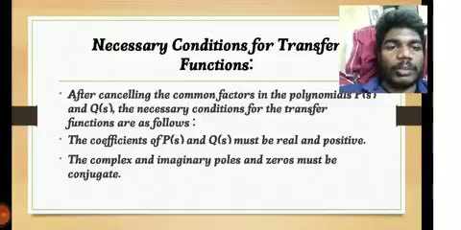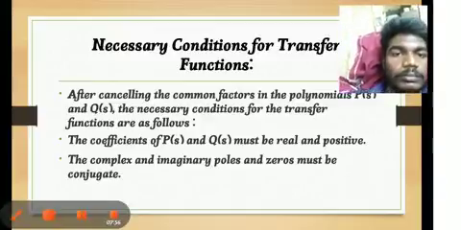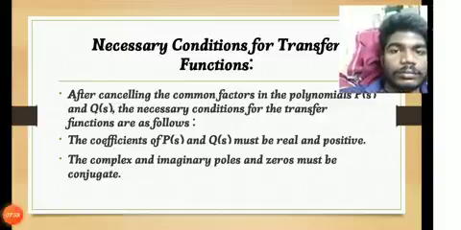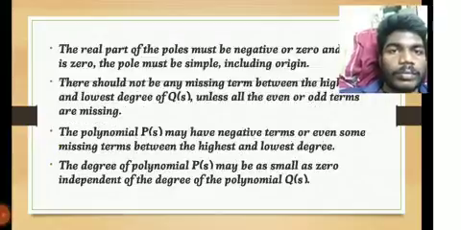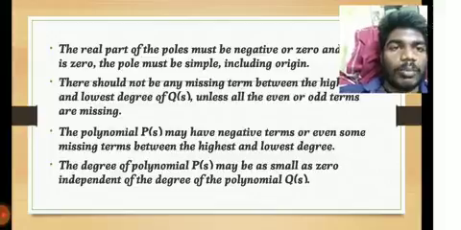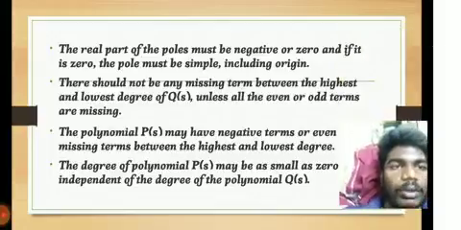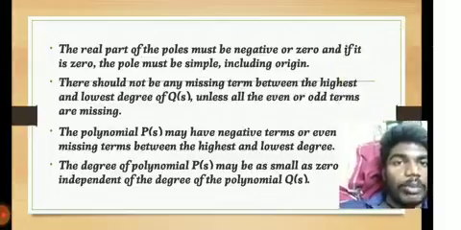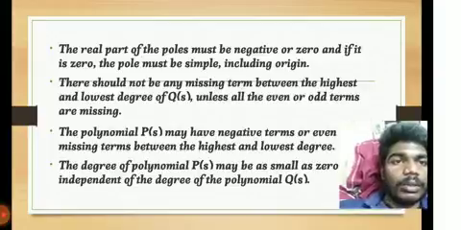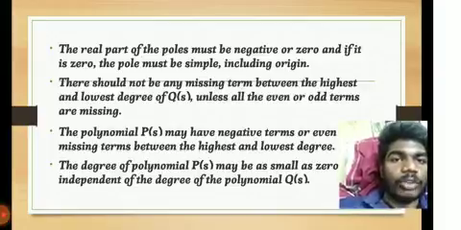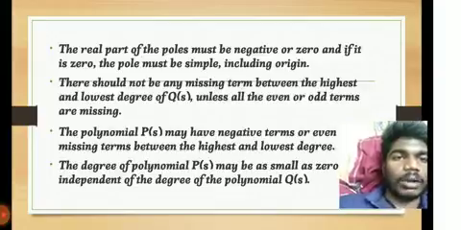The complex and imaginary poles and zeros must be conjugated. The real part of the poles must be negative or 0, and if it is 0, the pole must be simple, including the origin.